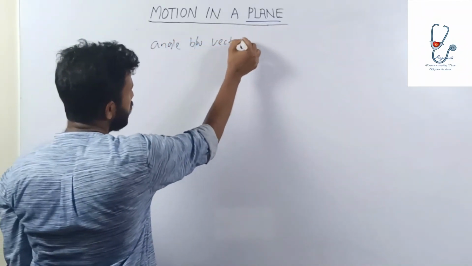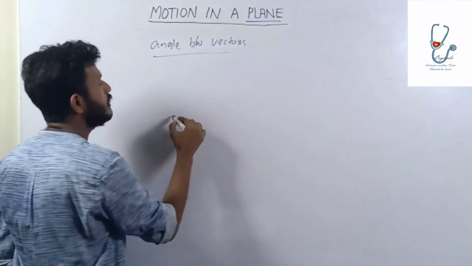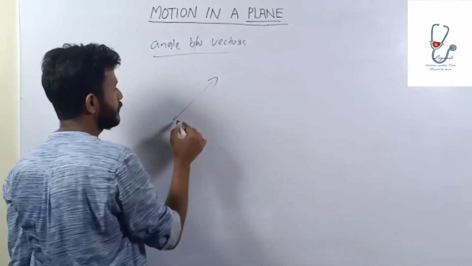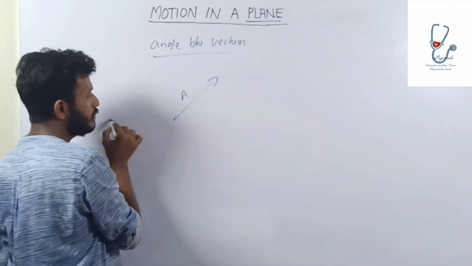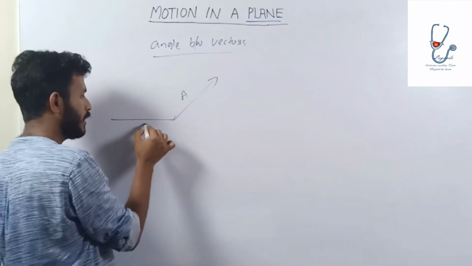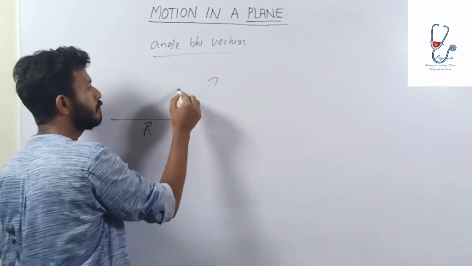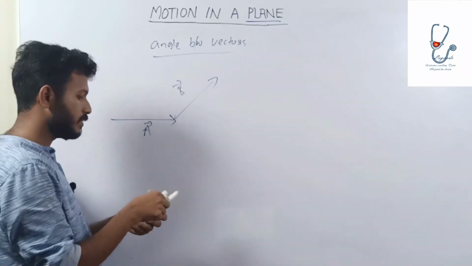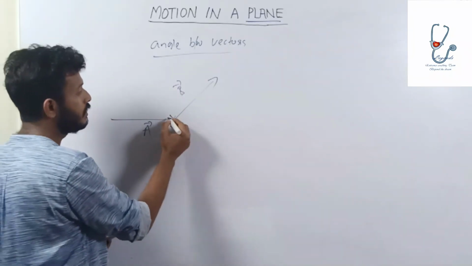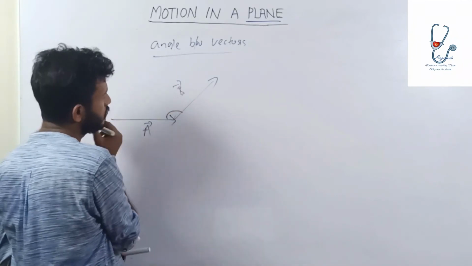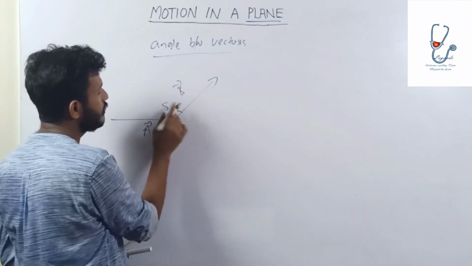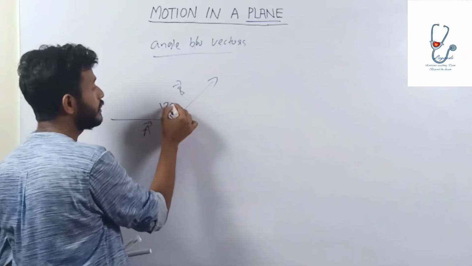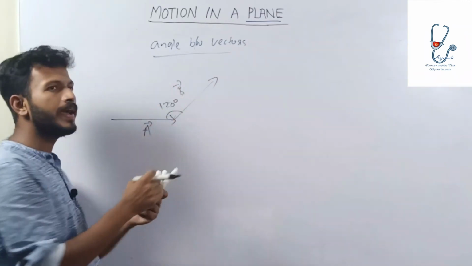Angle between vectors. If this is vector A and this is vector B, and this angle is 120 degree, what is the angle between A and B?